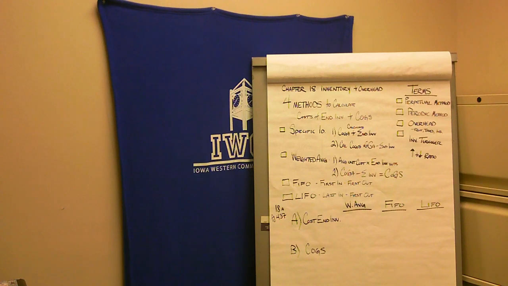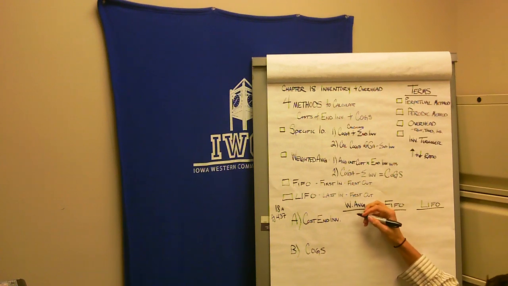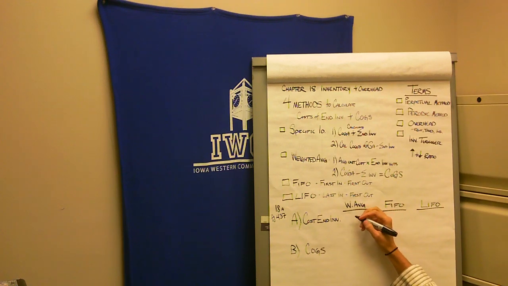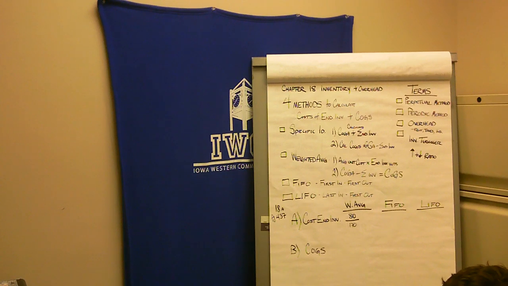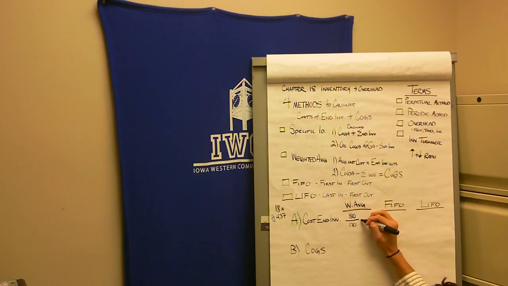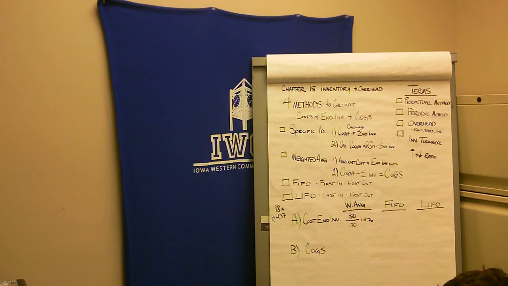So to do our weighted average, we actually have to figure out what the price is per unit. And we see that the totals for what they sold of books equals $810. And when you add up the number of books purchased and sold, it's 170 books. And so, if we do that math, it looks like it's going to be $4.76 a book. Okay?